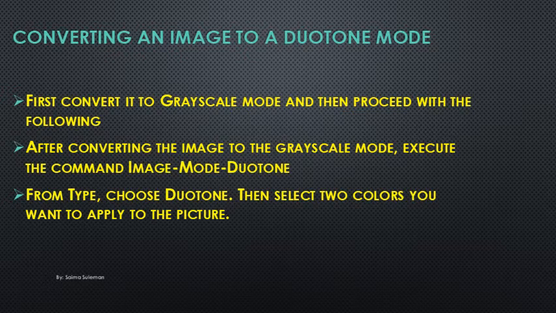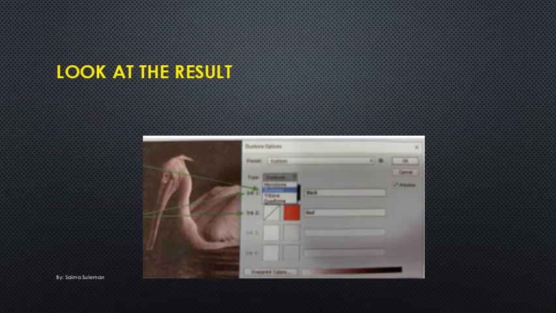Now from Type, choose Duotone, then select the two colors you want to apply to the picture. Now look at the result. This is the result.